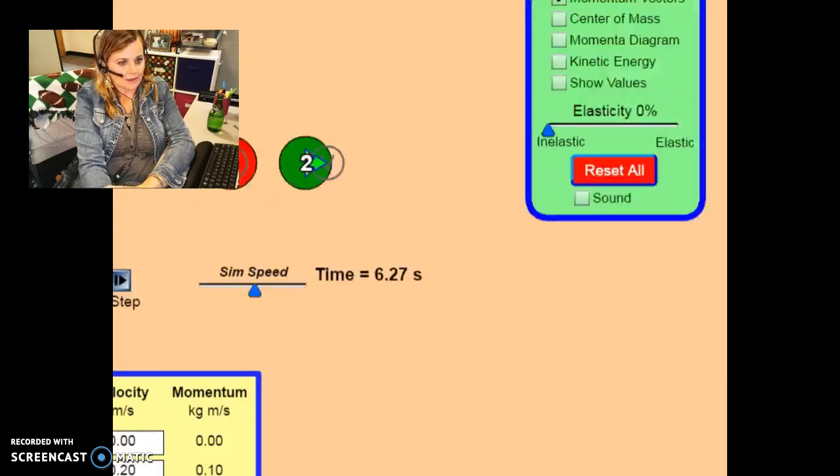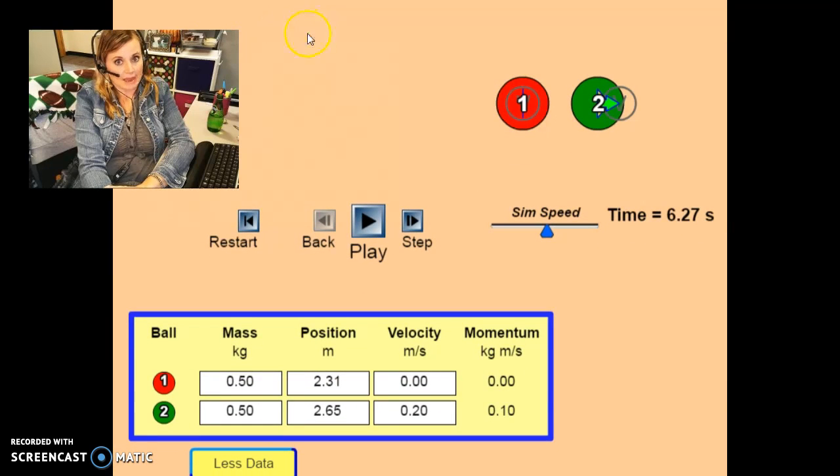Then you need to find the momentum. And when you find momentum, remember that's mass times velocity. Mass should be in kilograms, velocity should be in meters per second. So you're going to find the momentum of both of the balls added together before the collision and both of them added together after the collision.